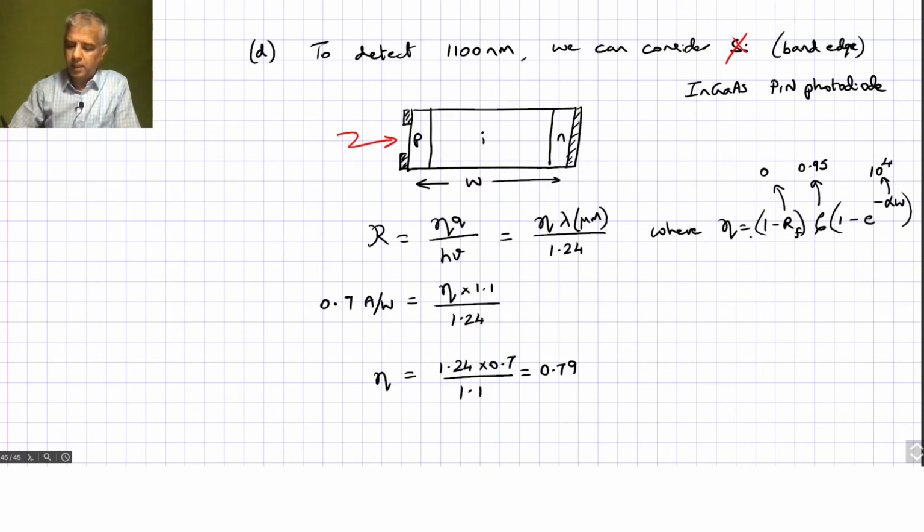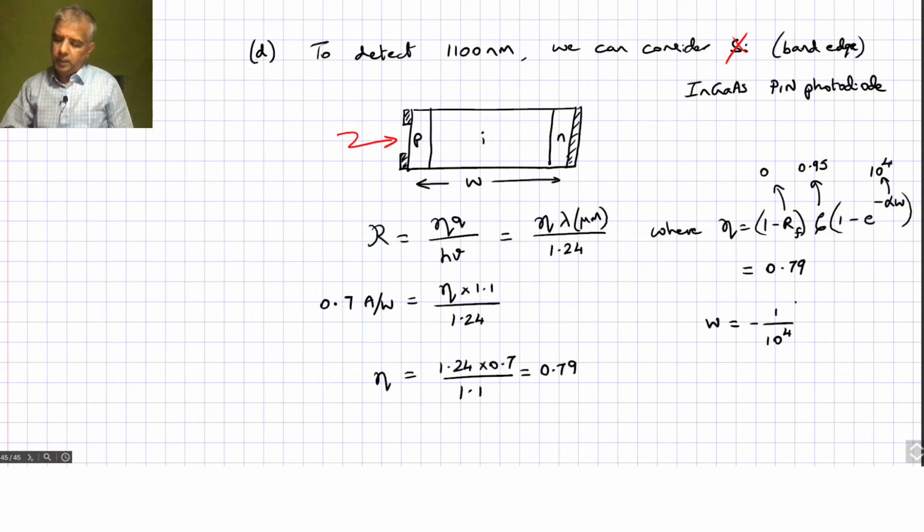Now this we can take over here. So this entire thing has to be equated to 0.79. So, if we rearrange terms, then we can actually find out W, which is going to be given by negative inverse of alpha, which is 10 power 4, and then you have a ln of 0.79 divided by zeta, right.